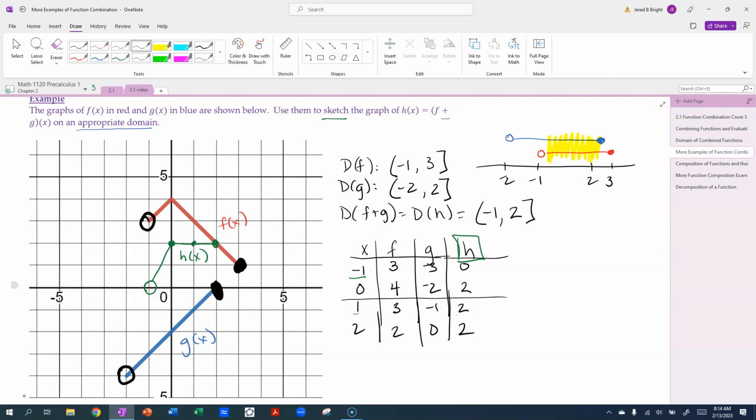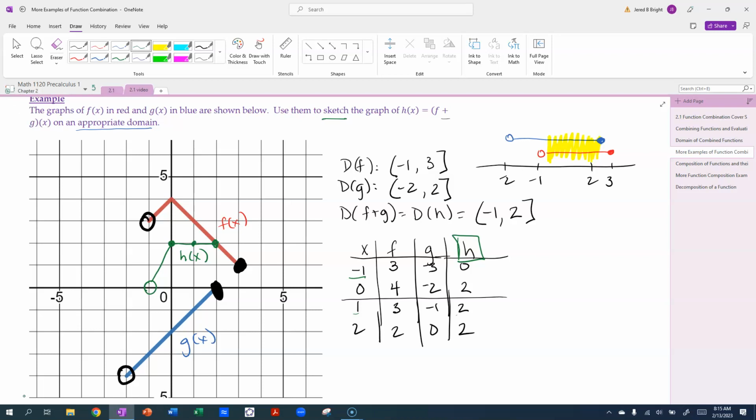To review what I did: first, I labeled the graphs for my own sanity, and then I found the domains of each and intersected them to find the domain of h, just so I knew these are the x values I'm working with. So I actually did the second part first, found the appropriate domain, and then went back and found the function values by performing the operations.